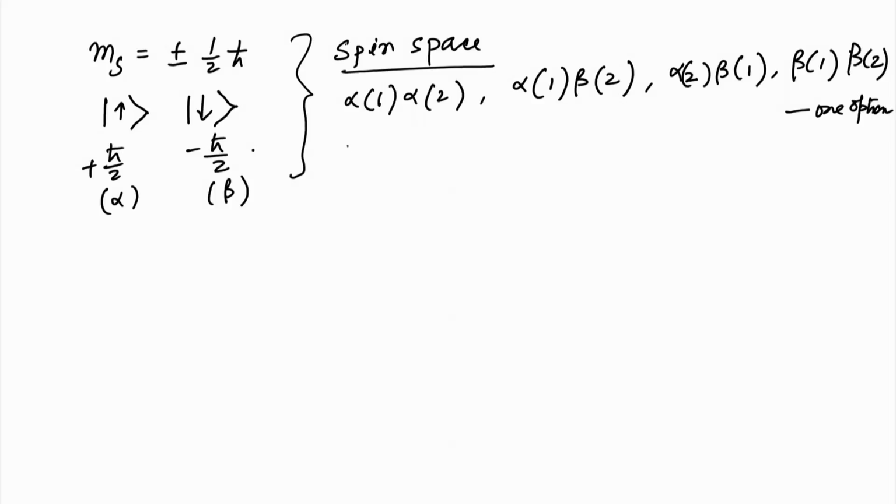Whereas the other option is to write the states as up up, up down, down up, and down down.